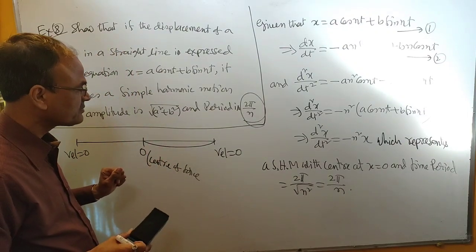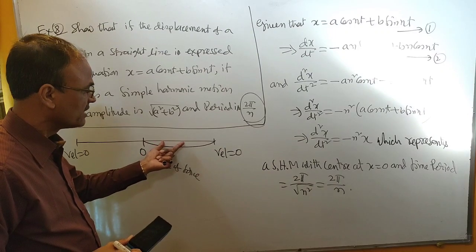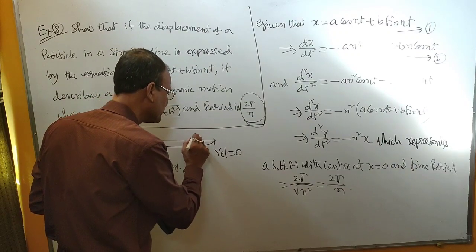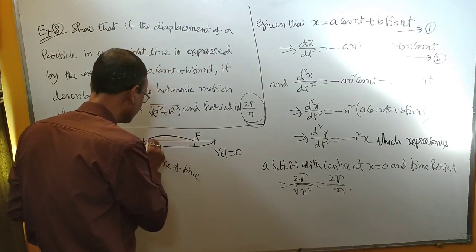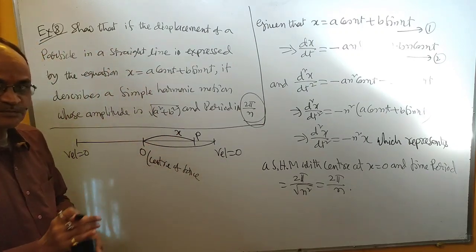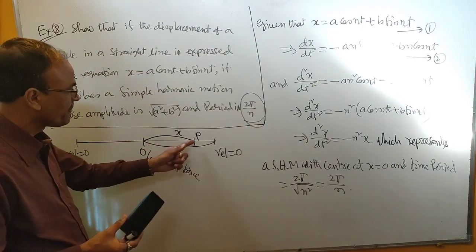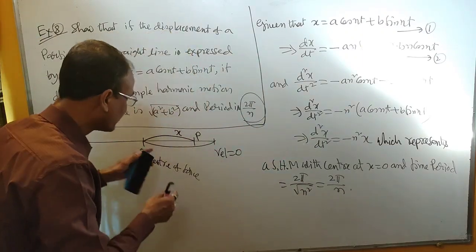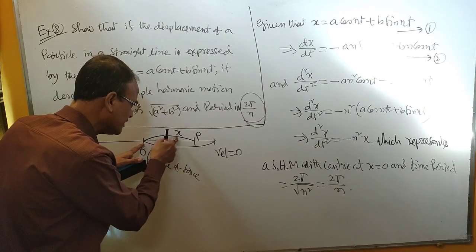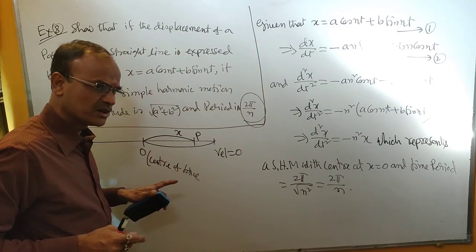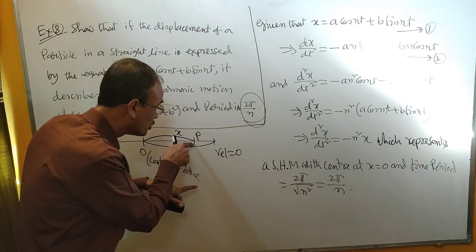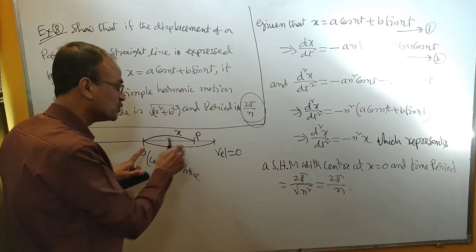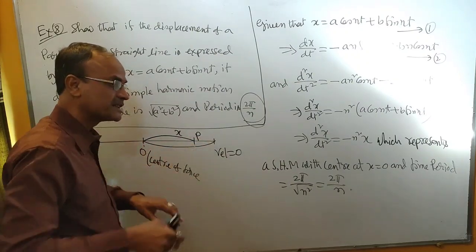Now, we always measure x from the center of force. Suppose P is the position of the particle, where its distance from the center of force is x. It will be the amplitude if the velocity of the particle at P is equal to 0. So x is the amplitude where the velocity of the particle becomes 0.